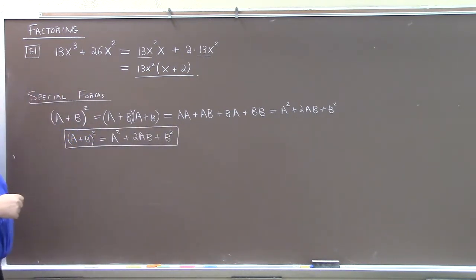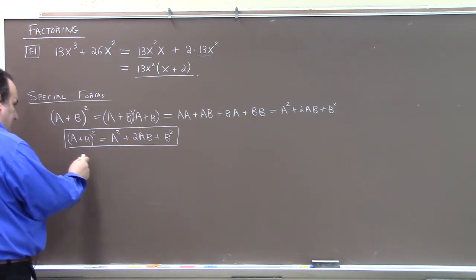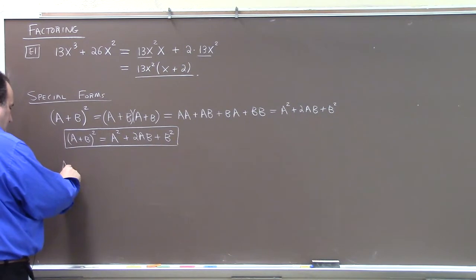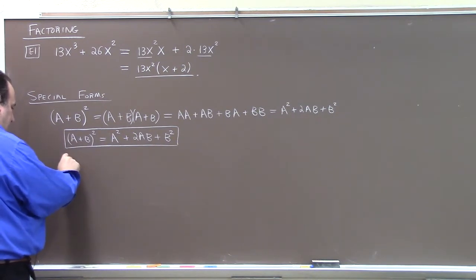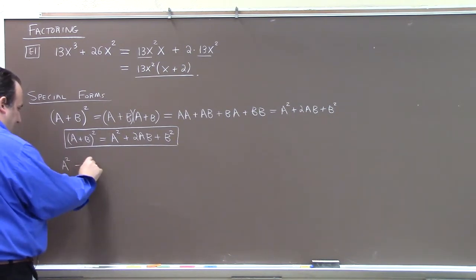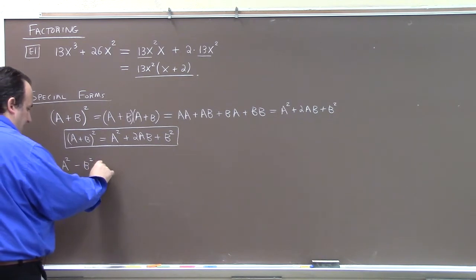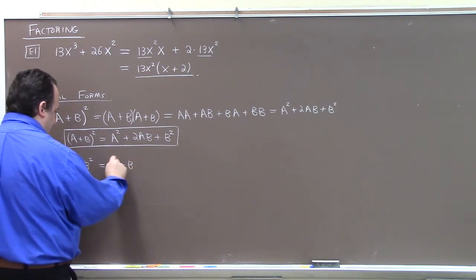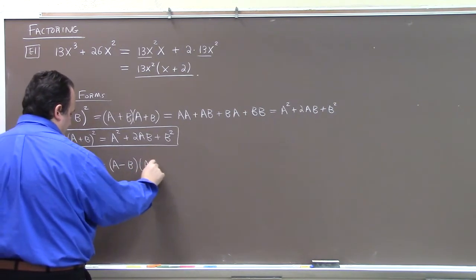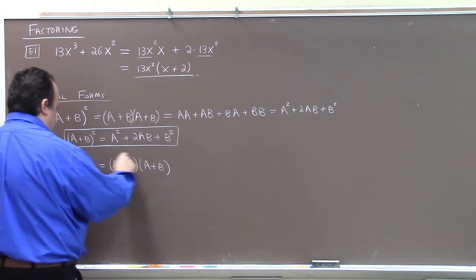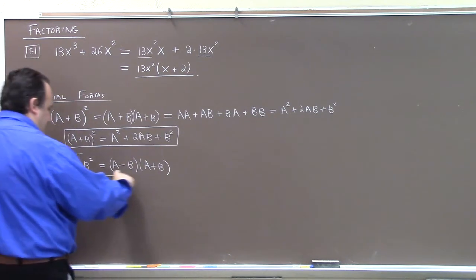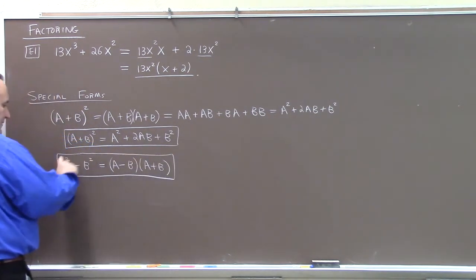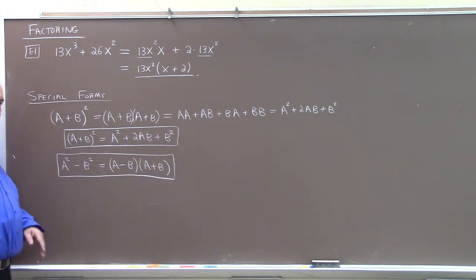But one that I use far more than that is the difference of squares. So if I have a squared minus b squared, well, I can factor that as a minus b times a plus b, right? Now, you'd be like, wait, how do you know that? Well, just multiply it out, right?